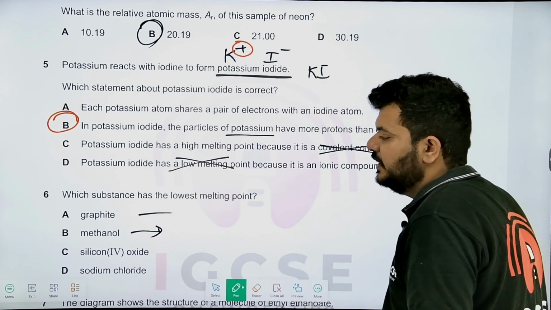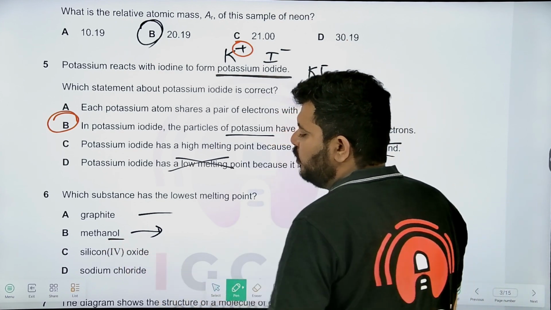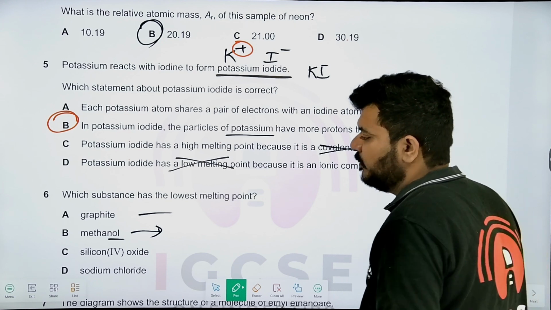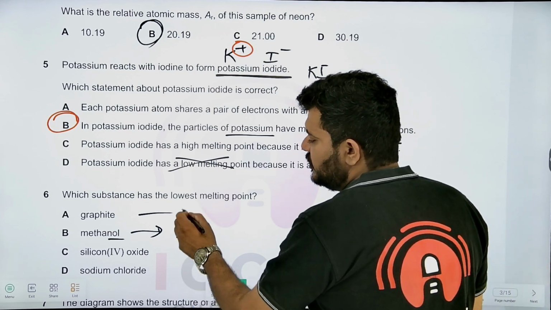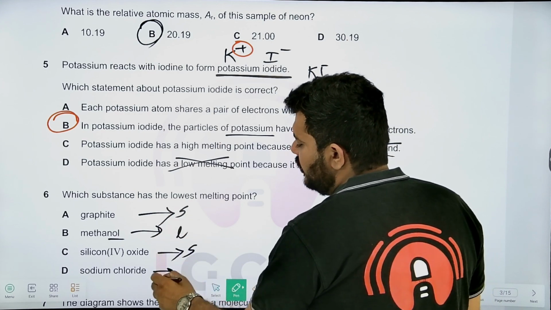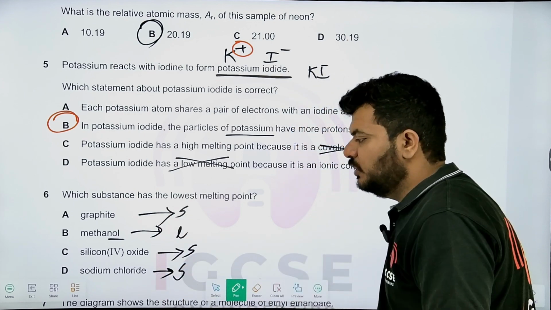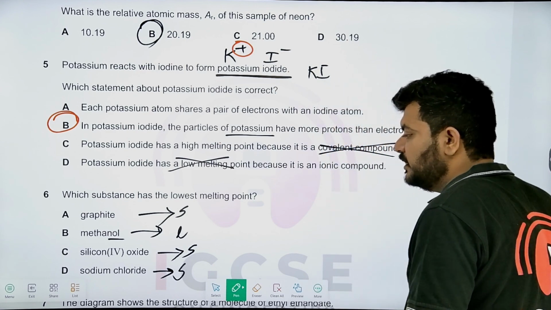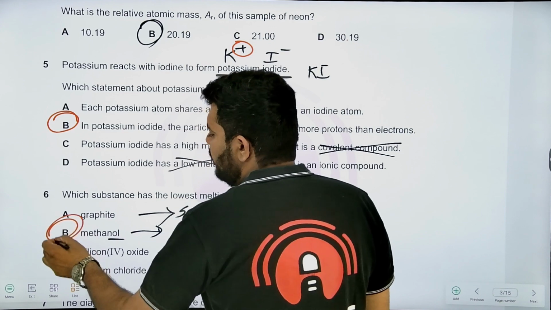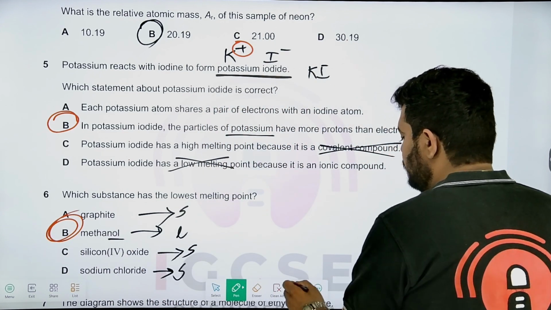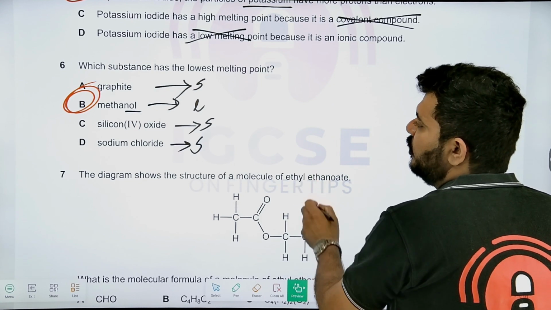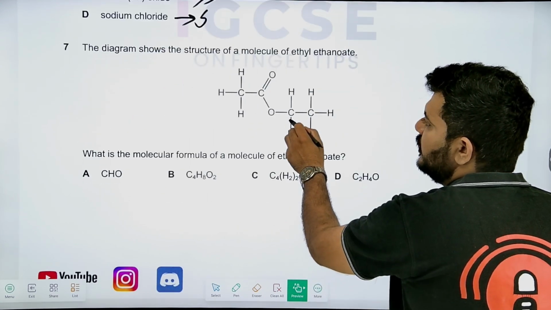Although it has hydrogen bonding, it is still liquid, right? So this is liquid, this we know is solid. This is also a giant molecular structure, so solid. This is also a giant structure, but ionic, so solid. And therefore methanol is the only one that has a simple covalent structure. So methanol will be your answer over here.